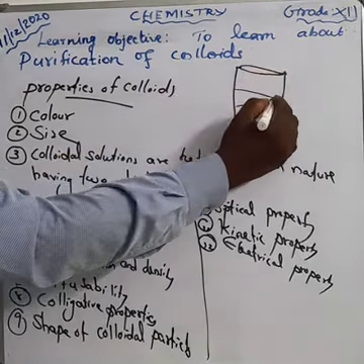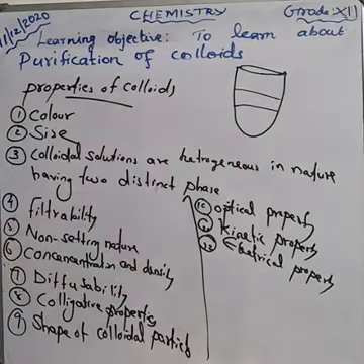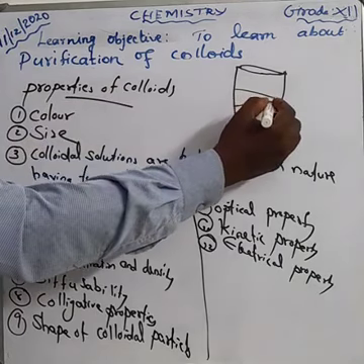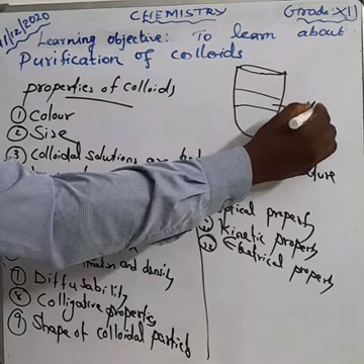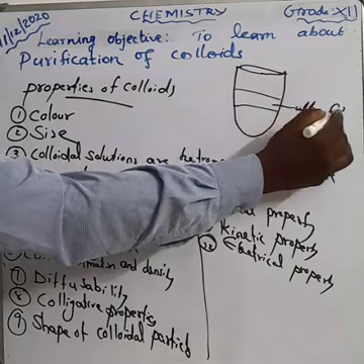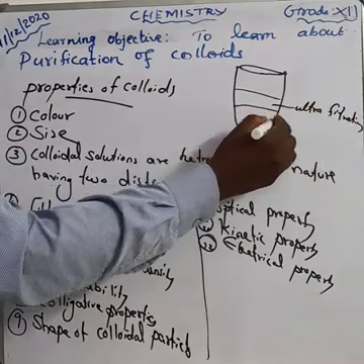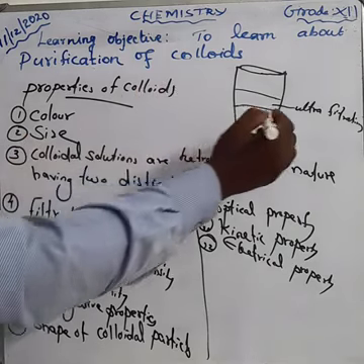Here we have two phases in the test tube. One is the colloidal solution. Two phases: one is ultrafiltration, and the second one is centrifugation. Okay, that is about centrifugation.